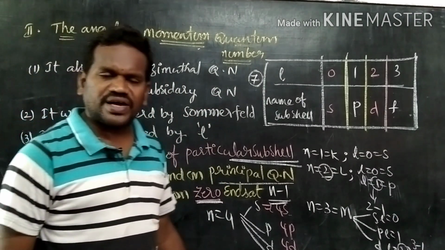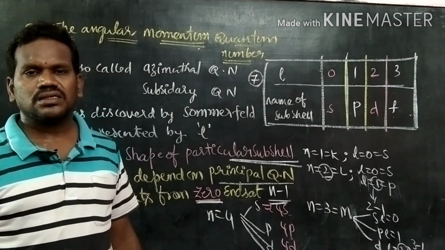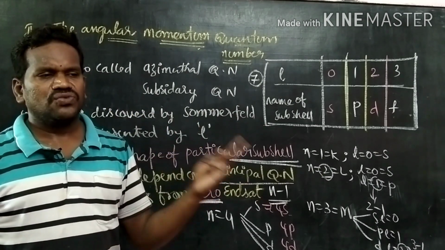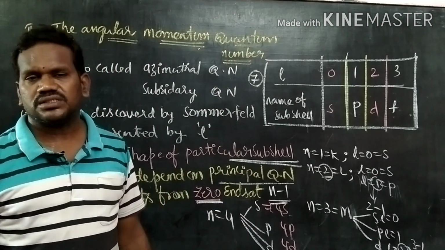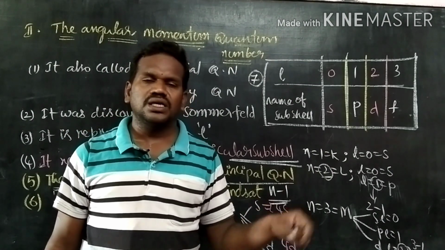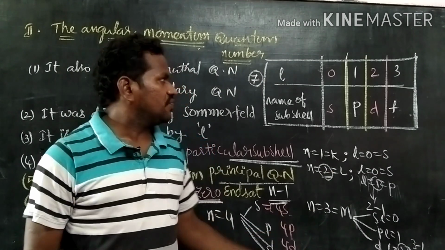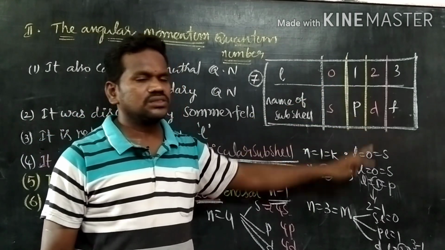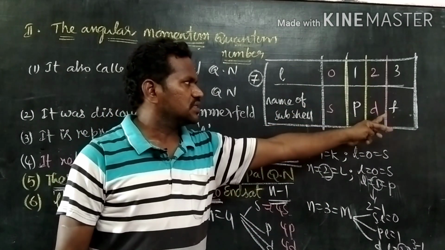If n equals 5, it has 5 sublevels, and the fifth sublevel is G. They are represented as 5S, 5P, 5D, 5F and 5G. The numerical value before the letter indicates the principal quantum number, and the letter indicates the angular momentum quantum number. L equals 0 is sublevel S, L equals 1 is sublevel P, L equals 2 is sublevel D, L equals 3 is sublevel F.